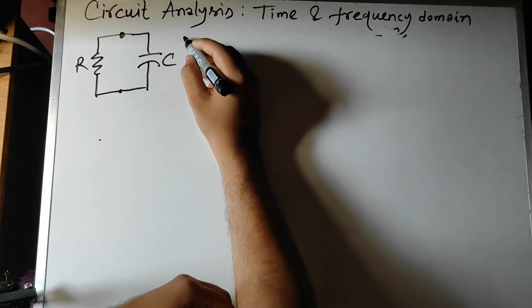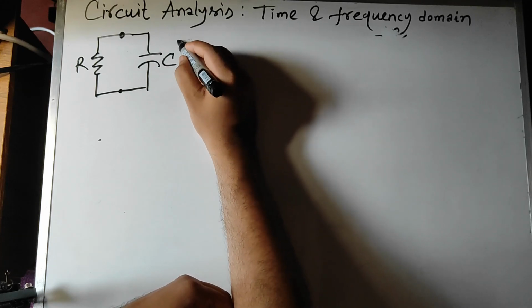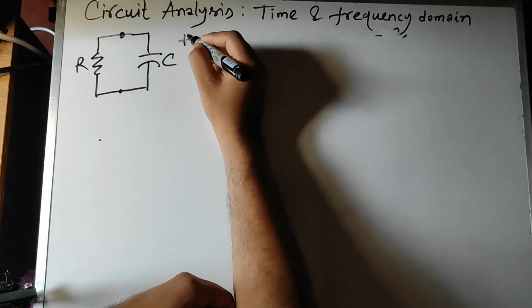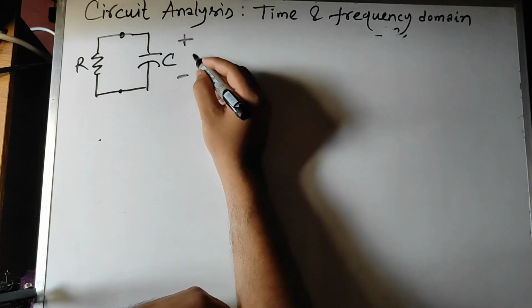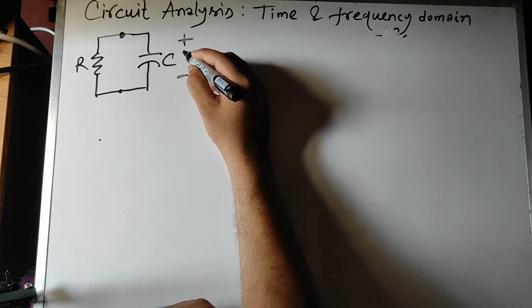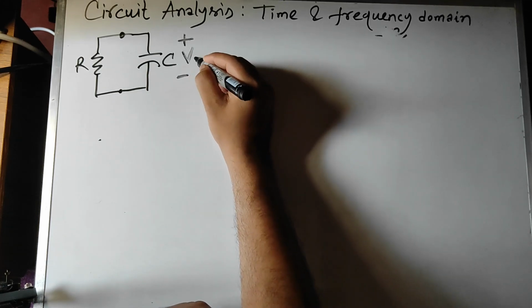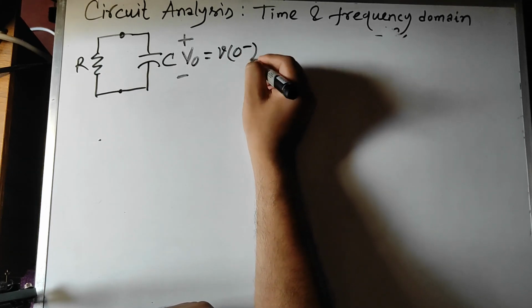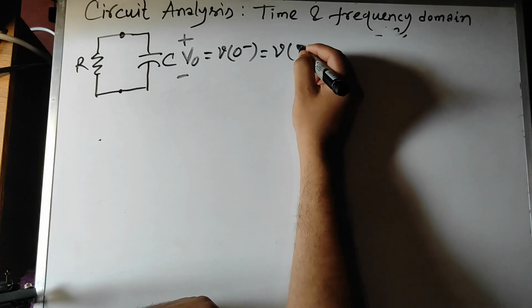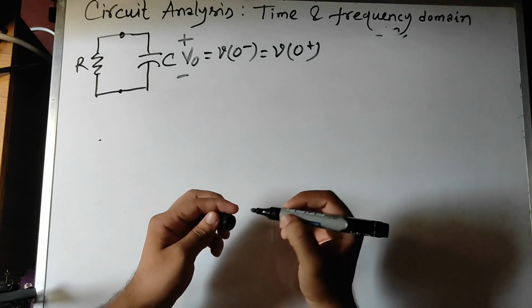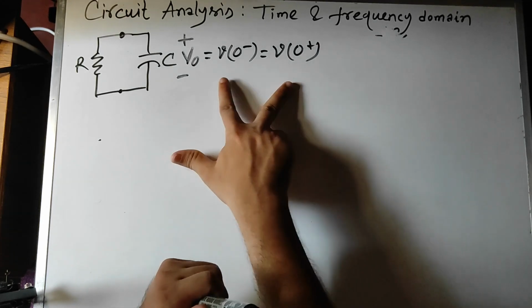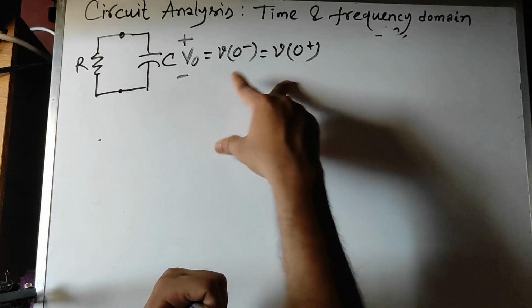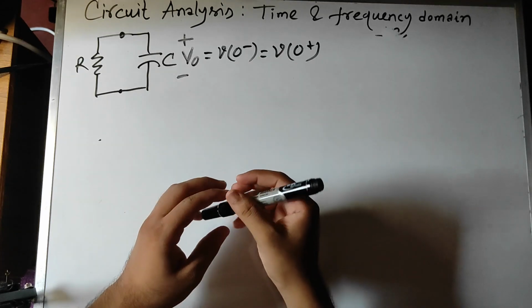So let us assume that the capacitor has an initial voltage in it, V(0 minus) equals V0 (0 plus). Okay, so this is the full expression for initial voltage across the capacitor.